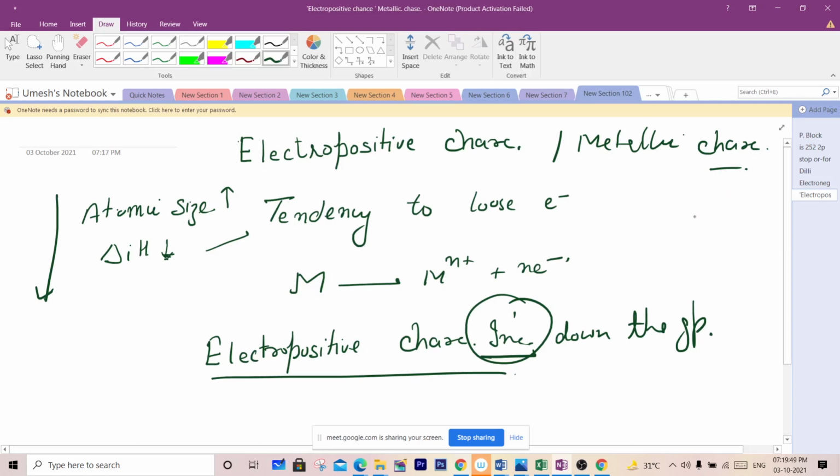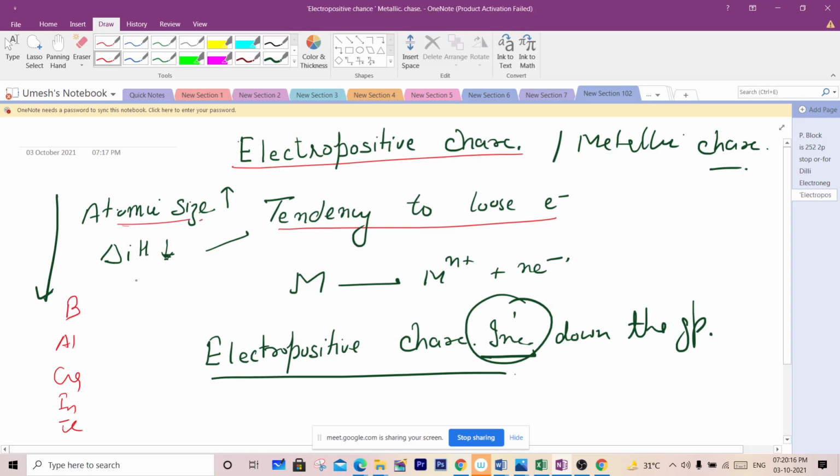Repeat that, sorry. What is electropositive character? Electropositive character is a tendency to lose electrons, how easily it loses electrons. So in the boron family, boron, aluminum, gallium, indium, thallium, as you go down the group, what happens to the atomic size? You answer.